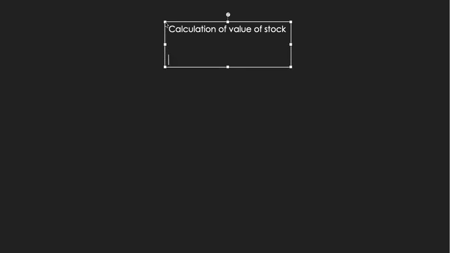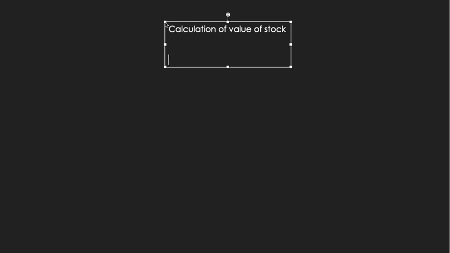Now what we are going to write down here is calculation of value of stock. Now see here, the consignee had received 480 boxes. Out of 480 boxes he is selling 440 boxes.